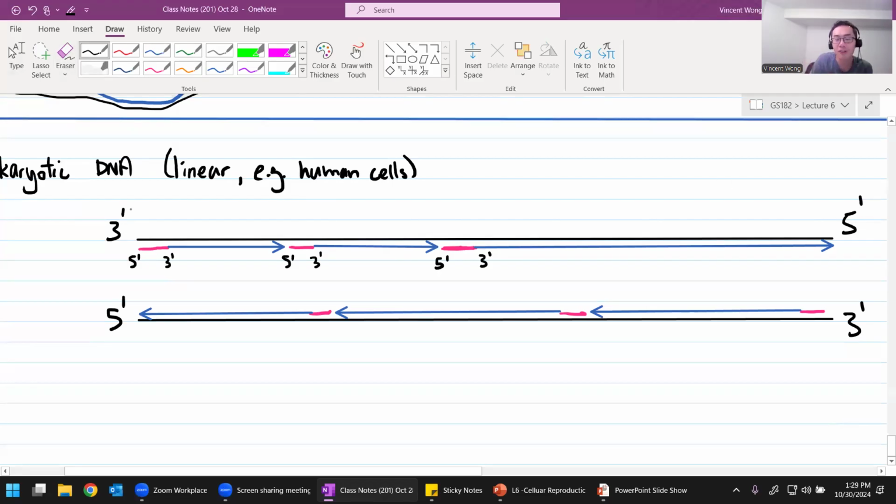But I keep on emphasizing we are talking about 5 to 3 on the new strand, on the one that you are building. It's very confusing. I know, I know. If you think of a better way to phrase it, please help the class out.